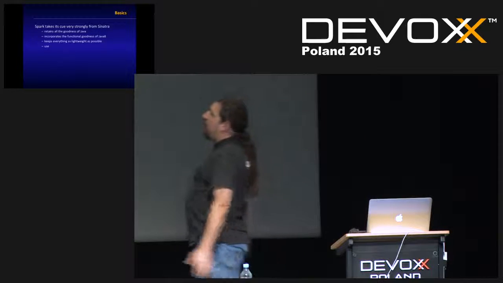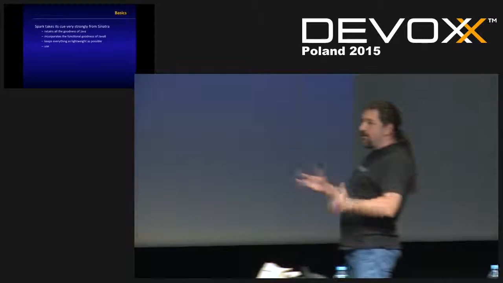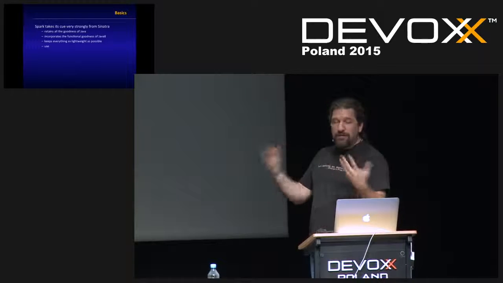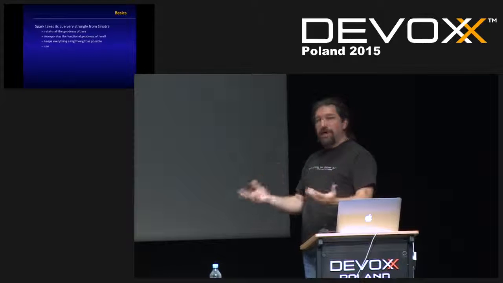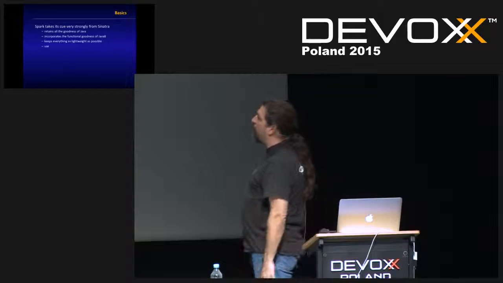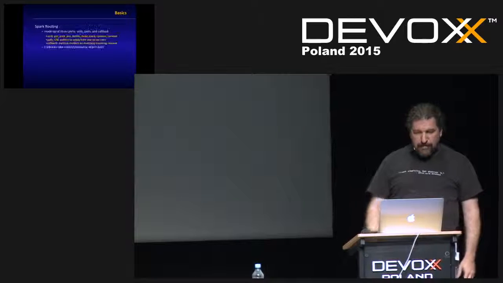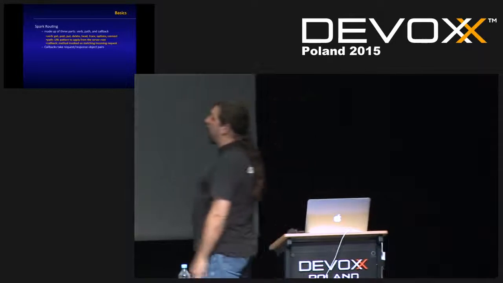Like I said, it takes its cue very strongly from the Ruby Sinatra framework, but of course, this is Java, not Ruby, so we need to make sure that we follow some Java-isms, and we need to make sure that we take advantage of what Java offers in terms of static compilation and whatnot, right? So, what we end up doing, first of all, is we end up defining routes.